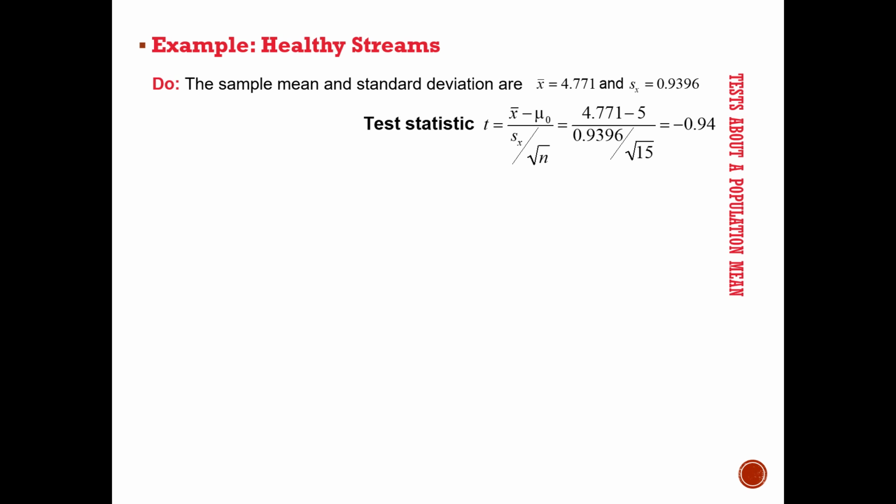We're going to do x bar minus mu, that's going to be 4.771 minus 5. And we're going to divide that whole thing by s sub x over root n, which is going to be 0.9396. Again, that's something that the calculator gave me based on the one variable statistics. And we're going to divide that s sub x by root 15. Okay, that's going to give us a t statistic of negative 0.94.